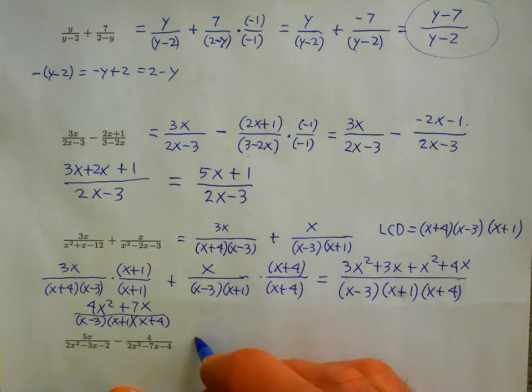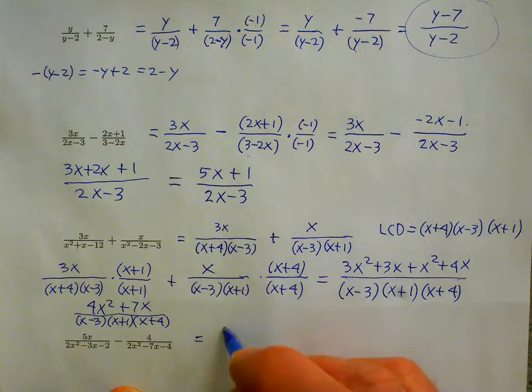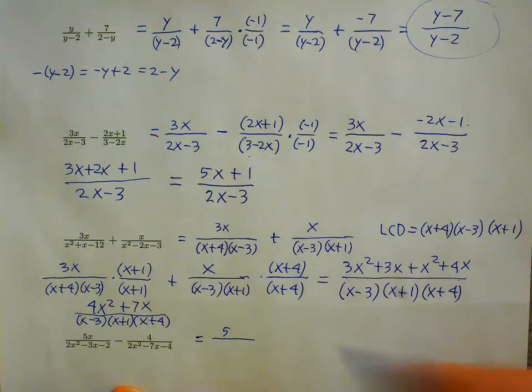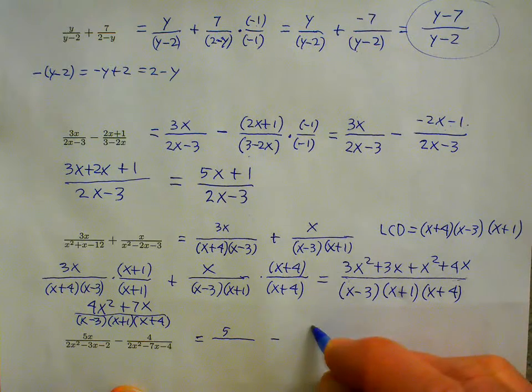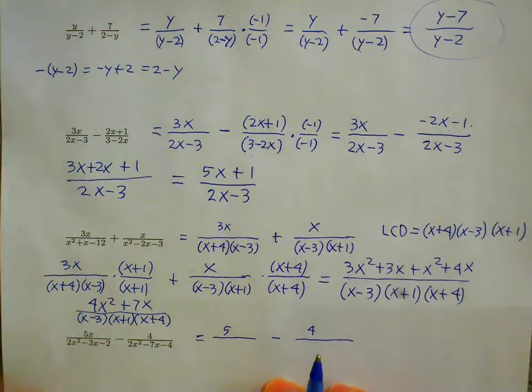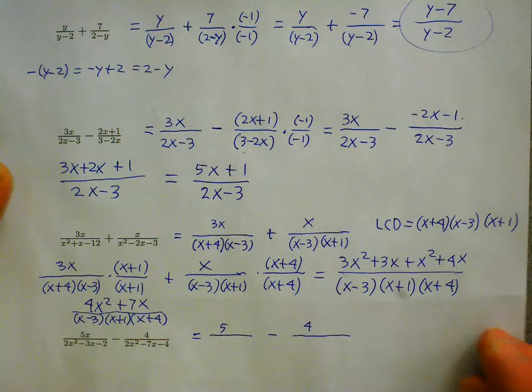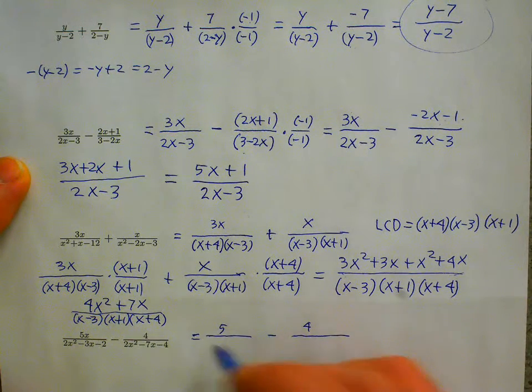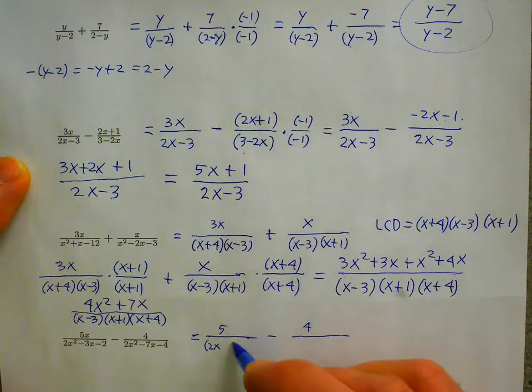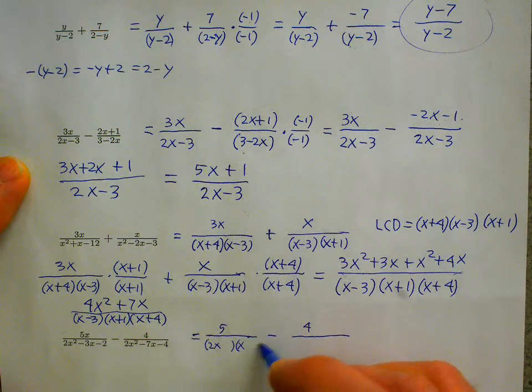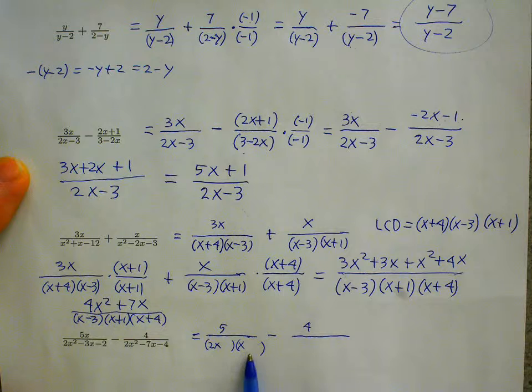Okay, the one on the bottom, let's factor the denominators. Okay, so 2x squared minus 3x minus 2. So let's see. What do we need? We need a 2x plus 1 and an x minus 2.